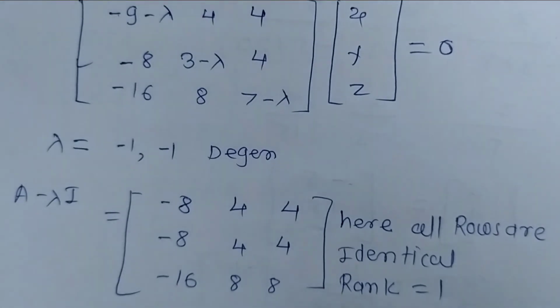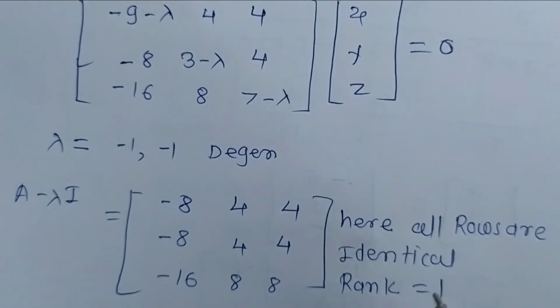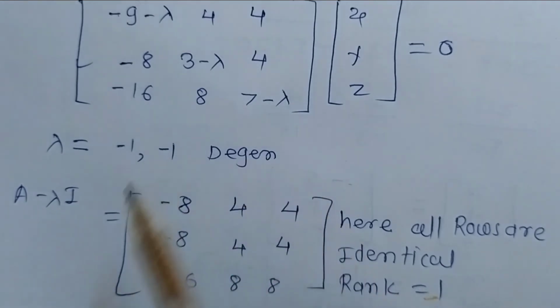When the rows of a matrix are identical or equal, the rank of that matrix is 1. So the rank of this matrix is 1, and the order of this matrix is 3 by 3. So n is 3 and rank is 1.